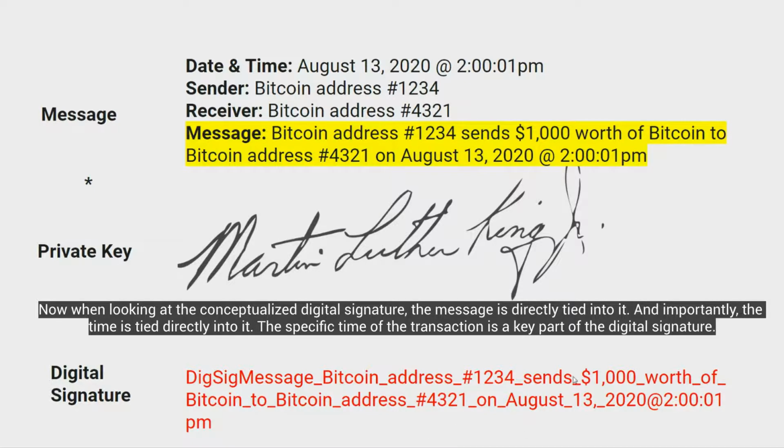The message is directly tied into it. And what's very important to note is that the time is directly tied into it. So the time that the transaction was processed is a key part of the digital signature.